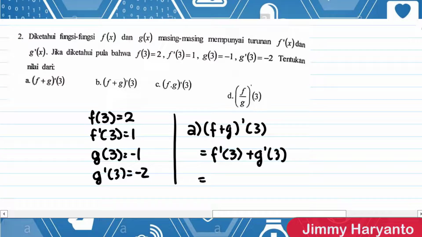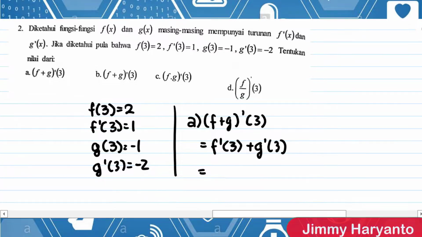So we can separate the f accent and g accent if the operation is addition. Last time I already told you that when you face addition and subtraction, that means you can calculate them one by one. First is f accent 3, it will become 1, and g accent 3 equals negative 2.